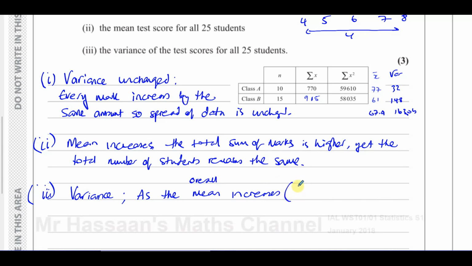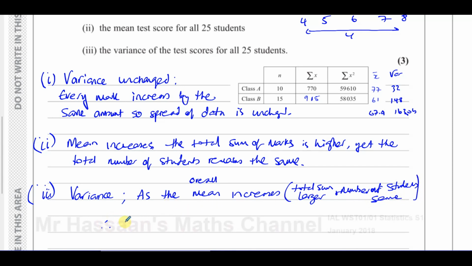So you can say that the total sum is larger, while the number of students is the same. Okay, that's why the mean increases.